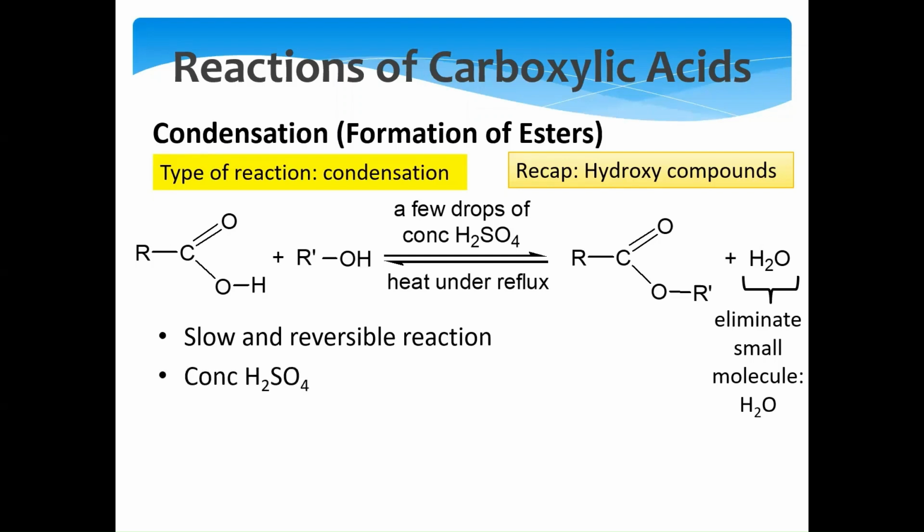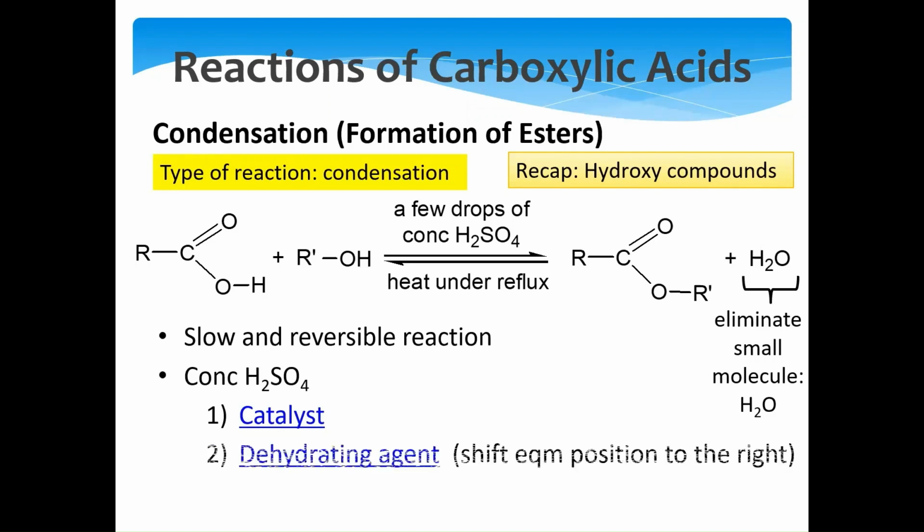I would also like to highlight that conc. H2SO4 has two roles in this reaction. It first acts as a catalyst to protonate the carboxylic acid. If you take a look at the mechanism on page 13 of the lecture notes, you will see that that's what's happening in the first step. However, you're not required to know the mechanism.